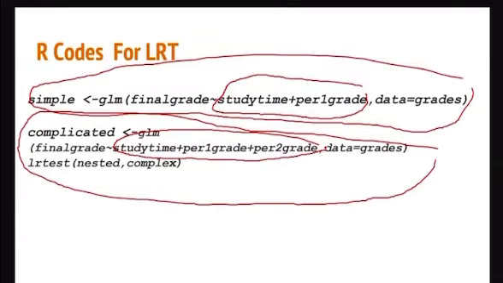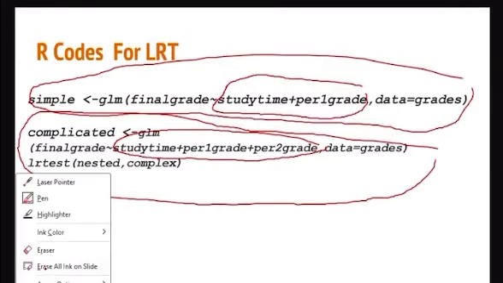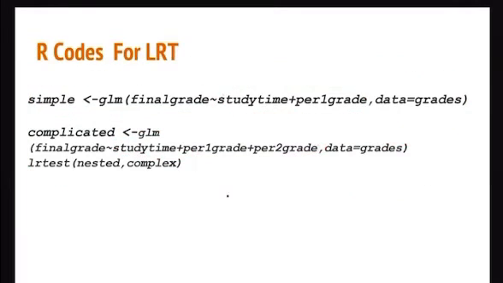What distinguishes between a simple model and a complicated model is that in a simple model, you have fewer explanatory variables. In a complicated model, you got more. Does that make sense? Now, do you know what you are seriously testing between these two?